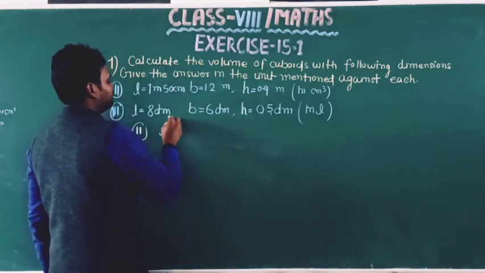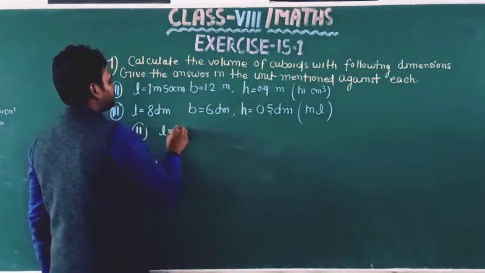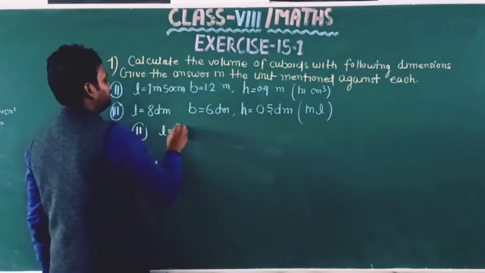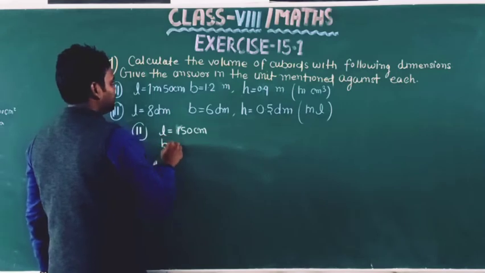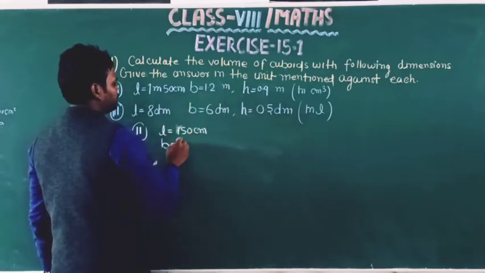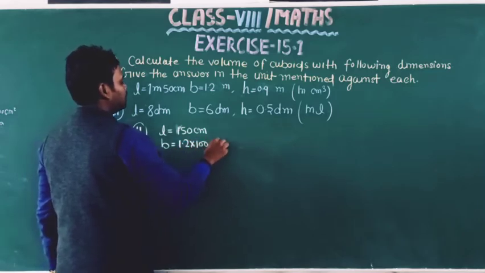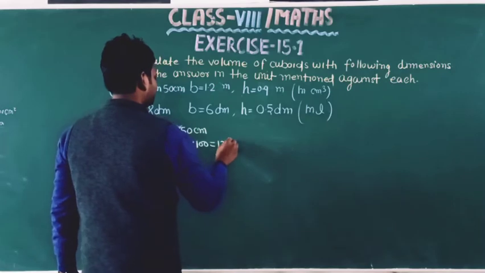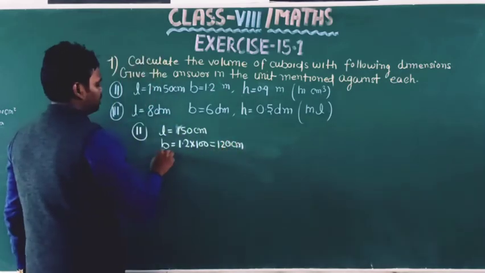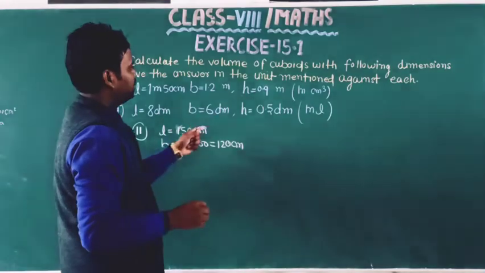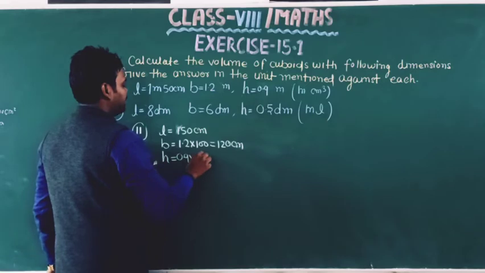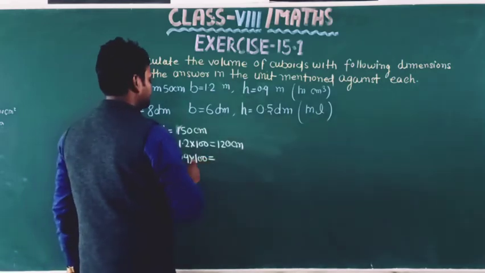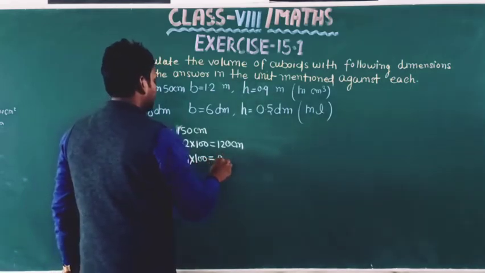In 1 meter there are 100 centimeter. So this is 100 plus 50 is 150 centimeter. Breadth is 1.2 meter. So 1.2 multiplied by 100 equal to 120 centimeter. And height is given 0.9 multiplied by 100. This will be changed in centimeter equal to 90 centimeter.